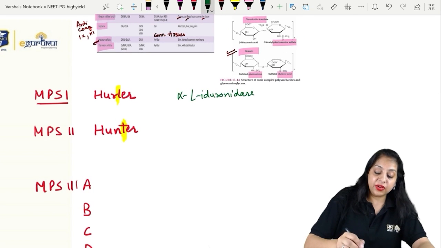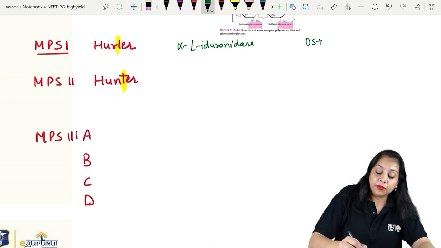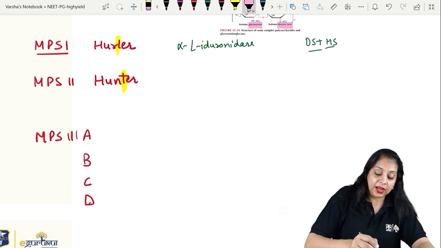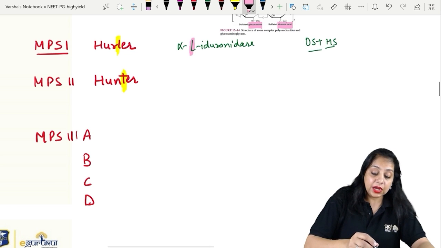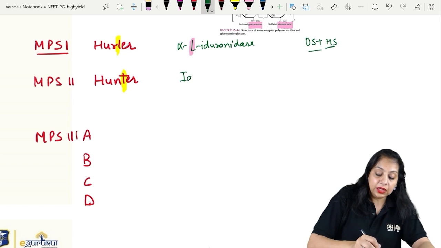In MPS 1 and MPS 2, in both, dermatan sulfate and heparan sulfate are being precipitated. In Hunter syndrome, the enzyme deficient is iduronate 2-sulfatase.